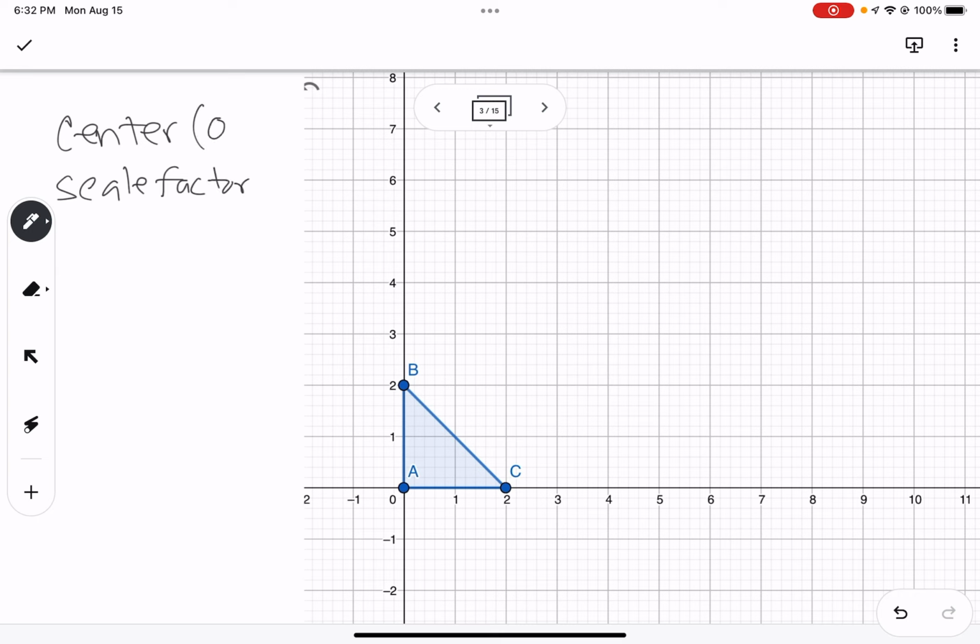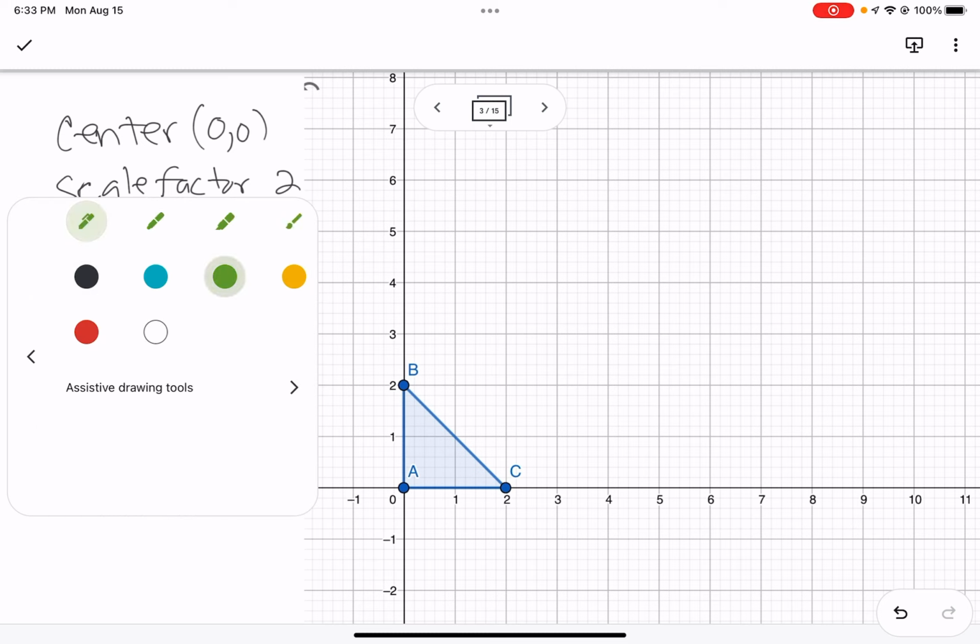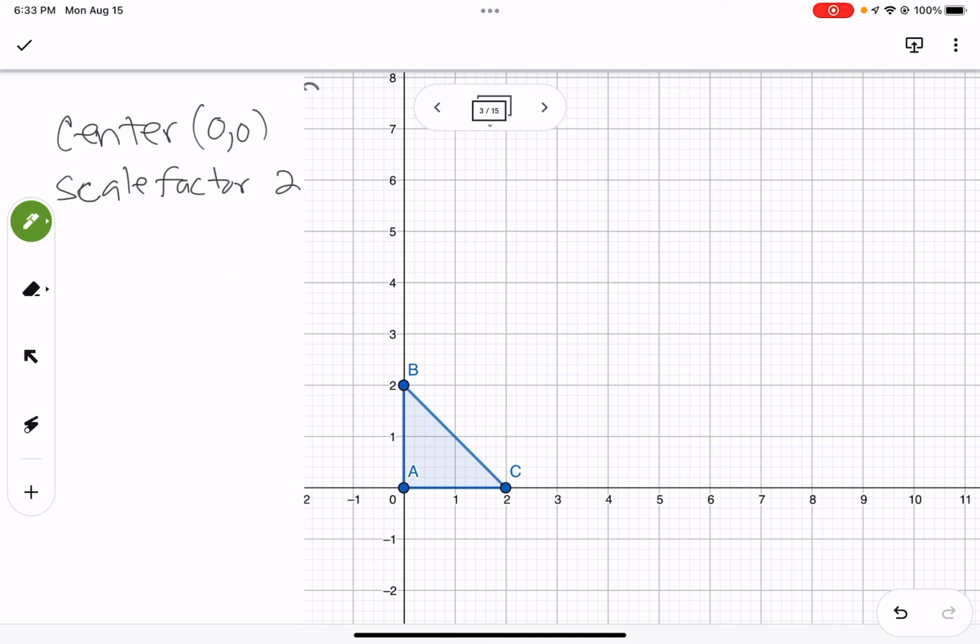So if my center is 0, 0, and my scale factor, I will make 2. Let's just make sure that that's legible for you. So center is 0, 0, scale factor is 2. Let's apply this to triangle ABC to dilate it. And then let's go with the green like we did in the beginning per the applet.